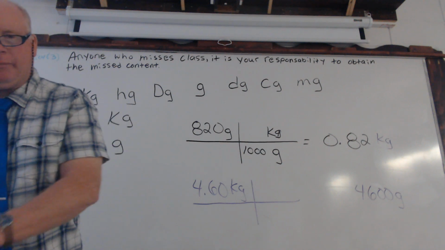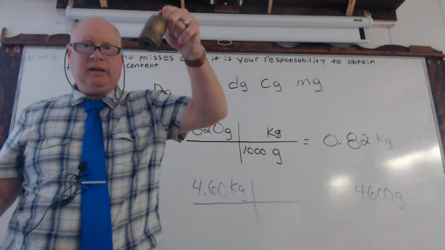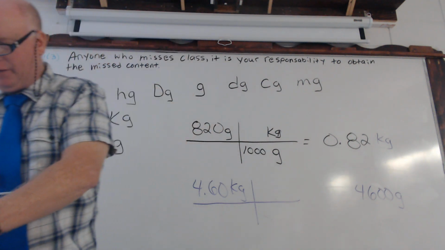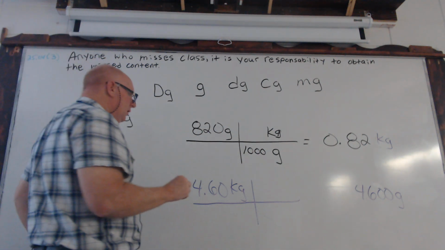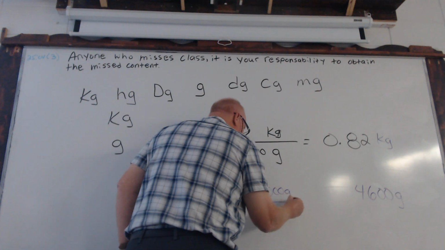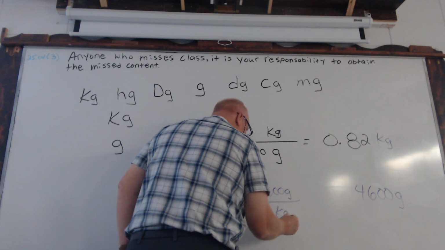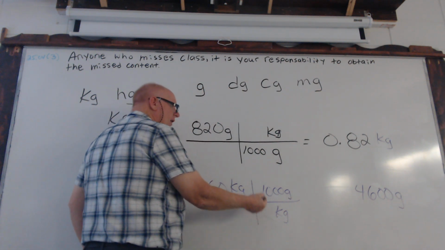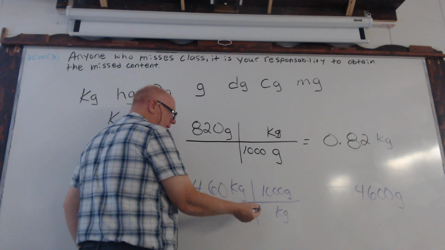Remember? How many grams are in a kilogram? There's 1,000. Okay? So for every 1,000 grams, you get a kilogram. You can put a 1 in front if you wanted to, but you don't have to.